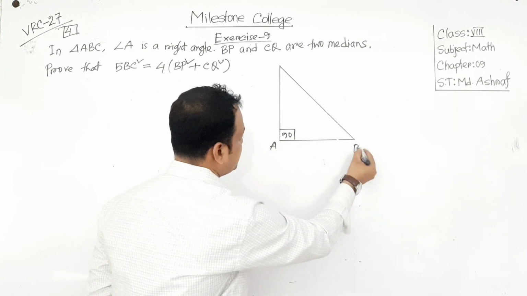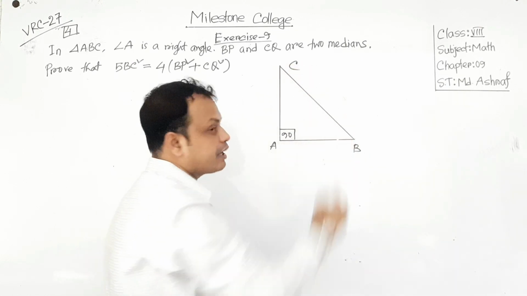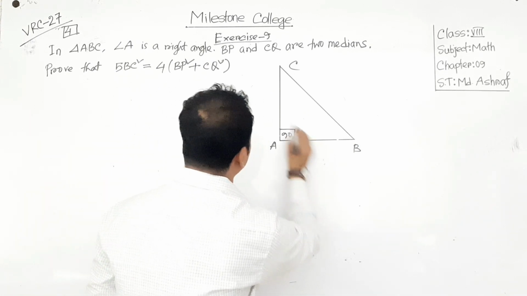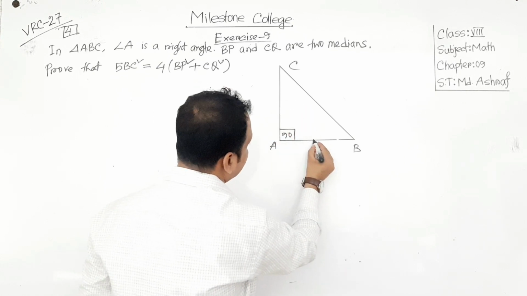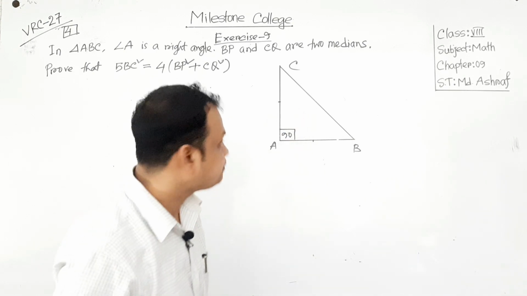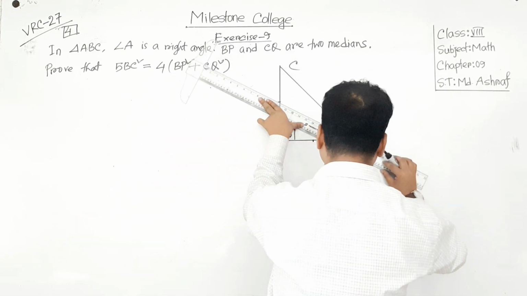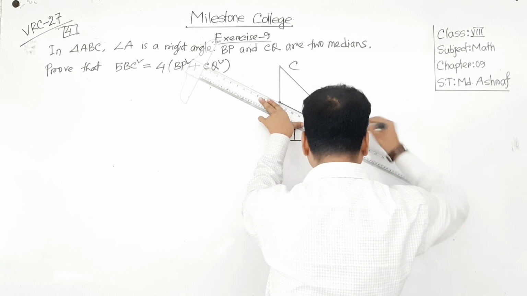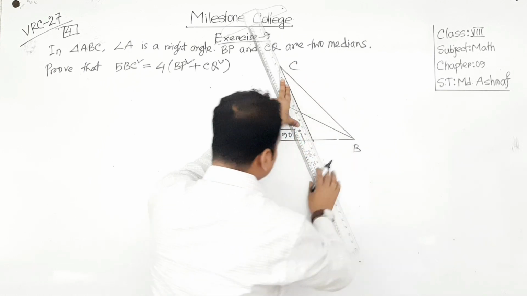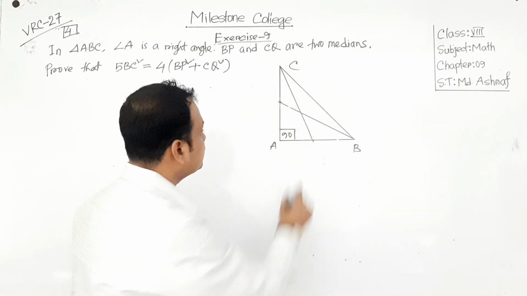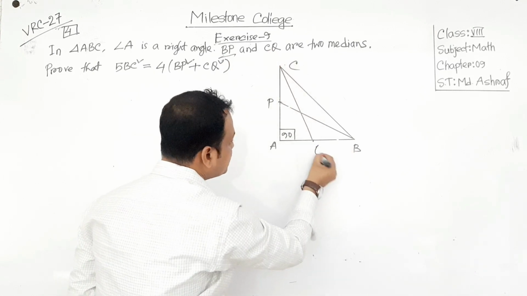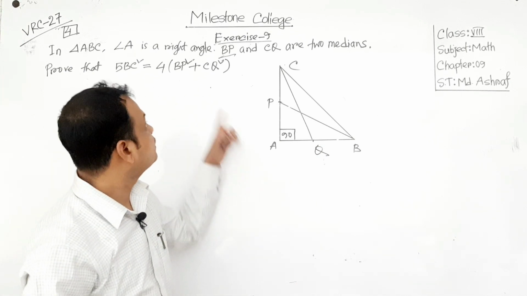It's A, it's B, it's C. So we have drawn a right angle triangle, and P and Q are the midpoints of AB and AC, for BP and CQ. This is the midpoint, this is the midpoint. So join BP, and join CQ. So we have got two medians. One is BP, this is the P, and CQ, this is the Q. So this is the figure from the given information.